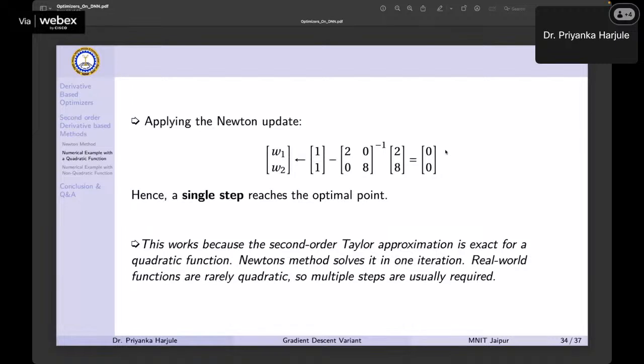Examples are Hessian free optimization, the conjugate gradient method, or quasi-Newton methods that approximate the Hessian, where the basic goal is to make second order updates without exactly computing the Hessian.